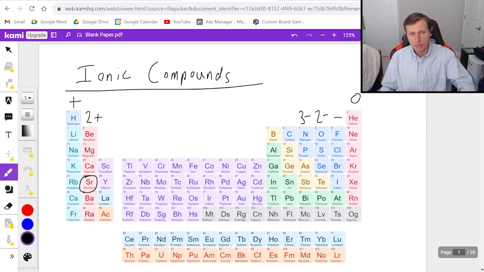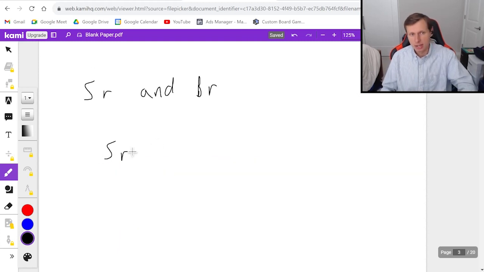First, strontium is over here in the 2+ category, and bromine is over here in the 1-. So let me just write that down below. Sr is 2+, Br is 1-. Typically when we have 1-, we don't actually write the 1, we'll just write minus. Doesn't really matter. But now it's not balanced because strontium's 2+ and bromine is only 1-. What do?